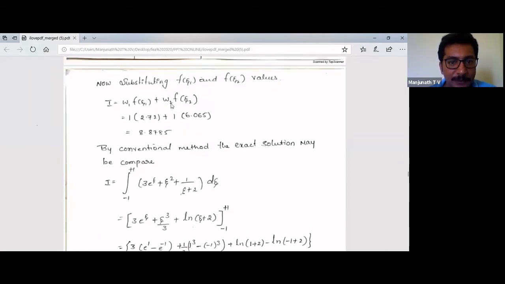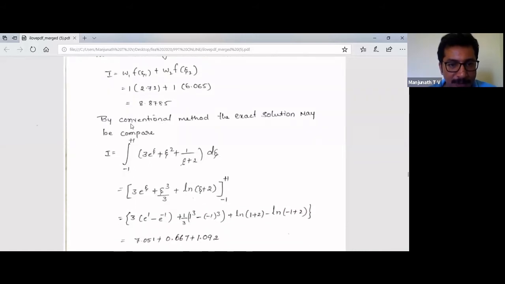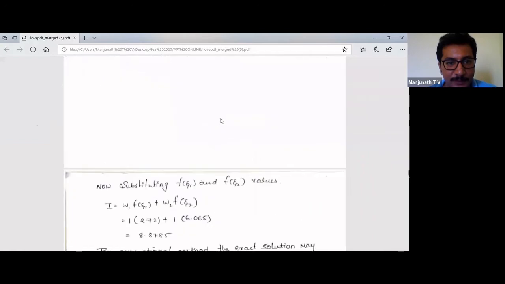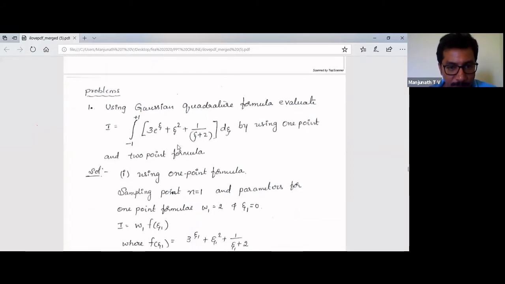The exact value we can obtain by the conventional integration method. By using the conventional method, what is the exact solution for this particular integral that we can obtain by doing the integration?